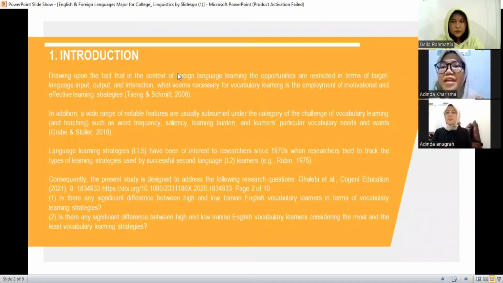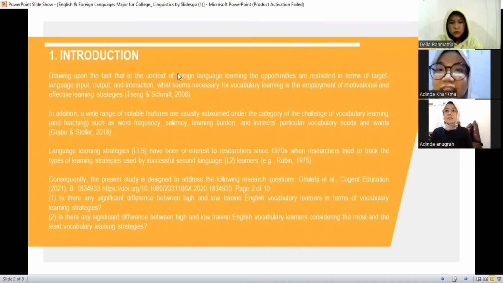Okay, thank you, Adinda Anugrah. I would like to tell you about the introduction, drawing upon the fact that in the context of foreign language learning, the opportunities are limited in terms of target language input, output, and interaction. What seems necessary for vocabulary learning is the employment of motivational and effective learning strategies.